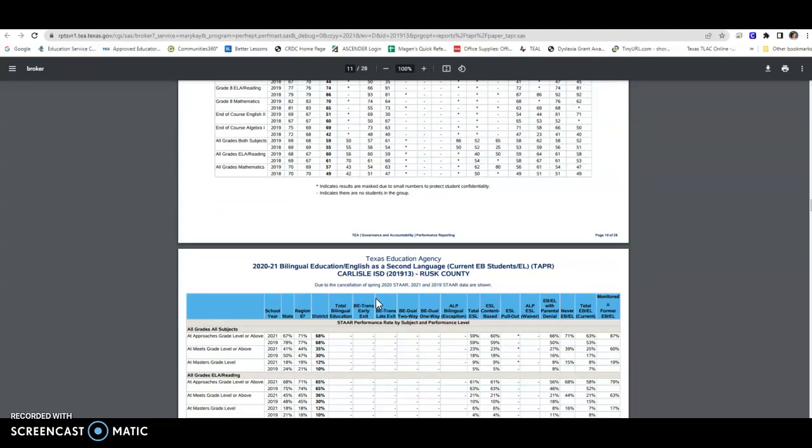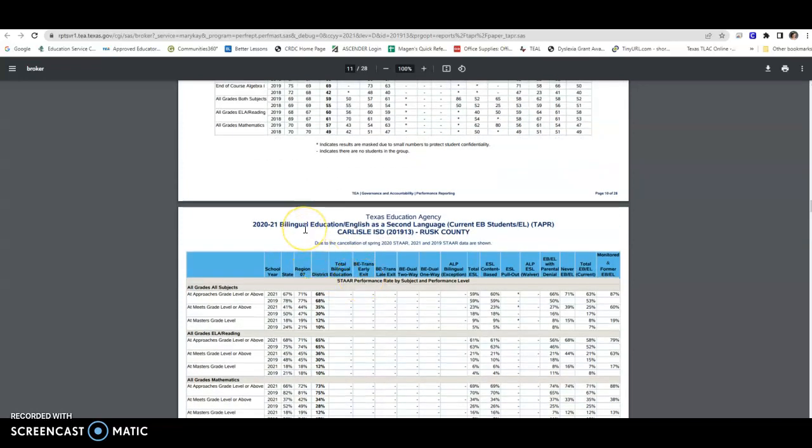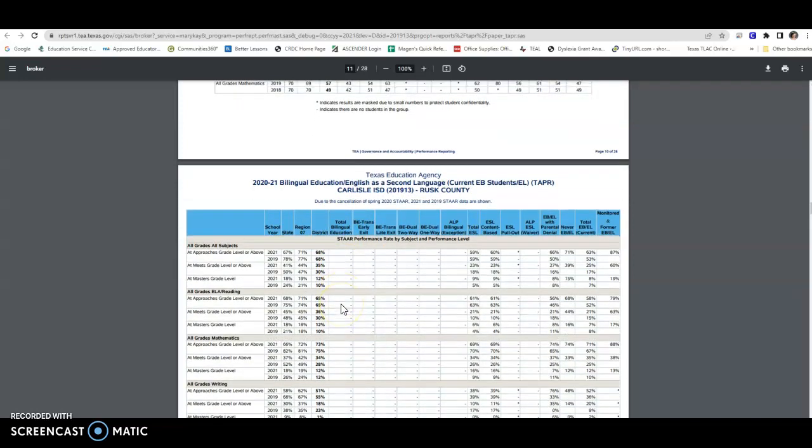As we move on in the report, the next area is your bilingual education or your English as a second language. So this data represents how our ESL students are performing at each subject level and performance level. Things to consider are trends. How do we as a district rate to the state?